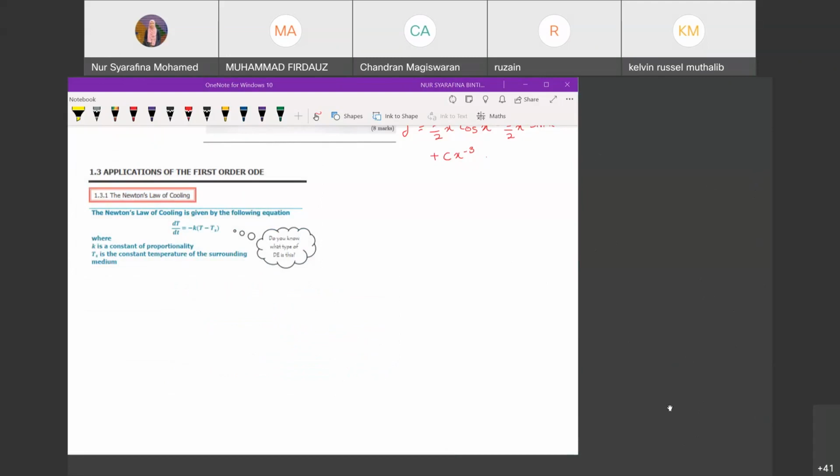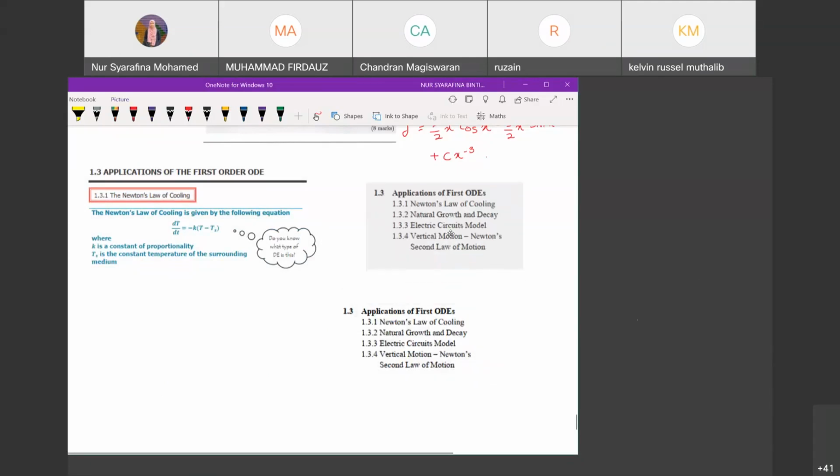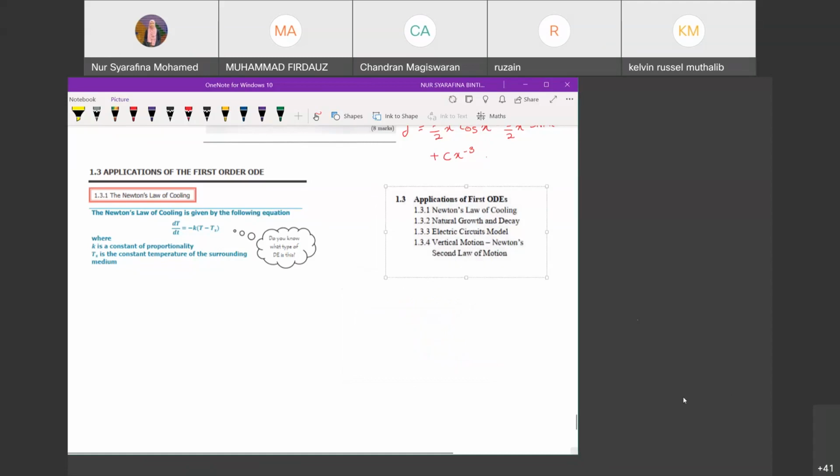Okay, we have 4 applications. Okay, Newton's law of cooling, natural growth and decay, electric circuits model, vertical motion, which is Newton's second law of motion. Okay, so let's just proceed one by one.